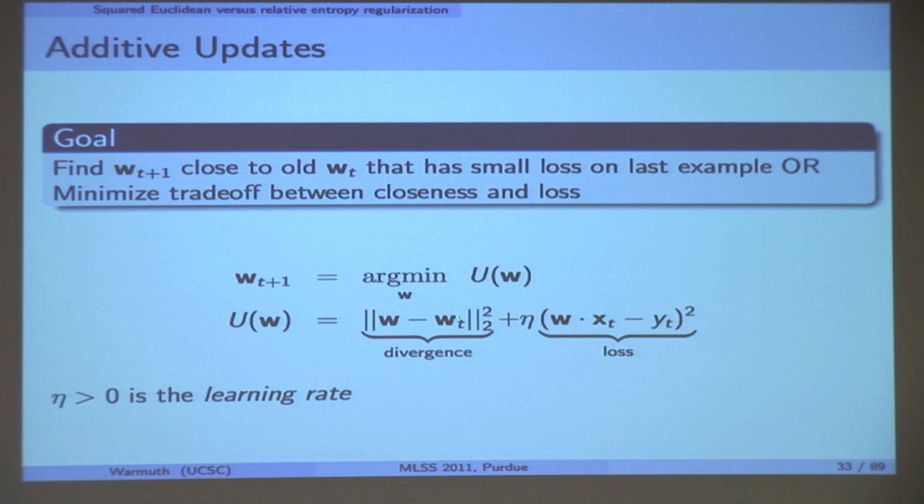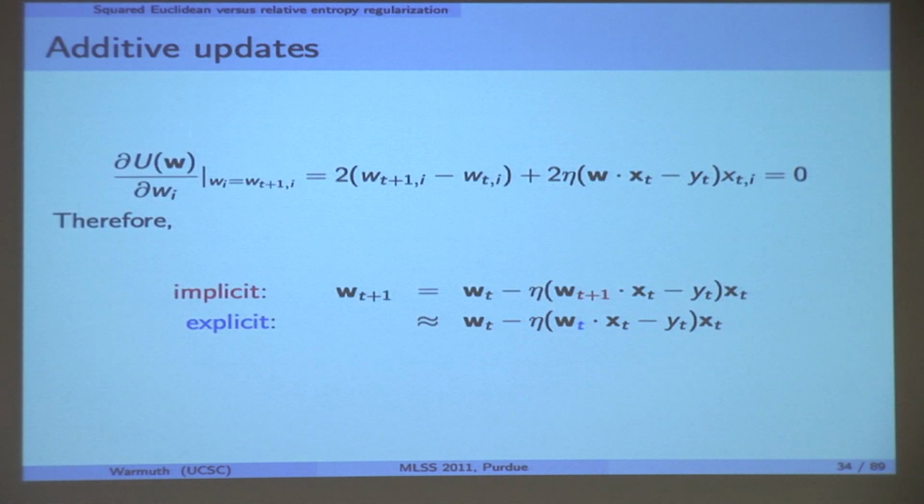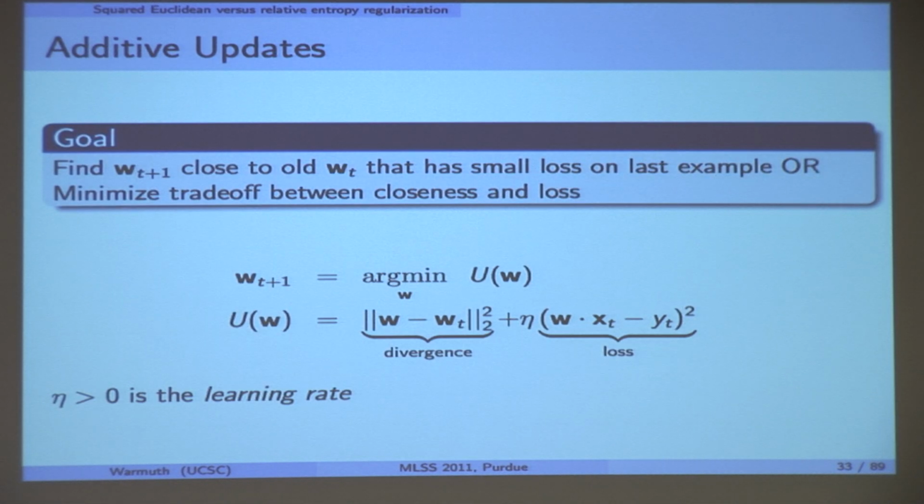I claim if you use Euclidean distance squared, you're going to get additive updates. This is the learning rate. You got the picture? Trade-off, right now Euclidean distance squared. OK. So how do I solve this kind of a thing? Well, I take derivatives.